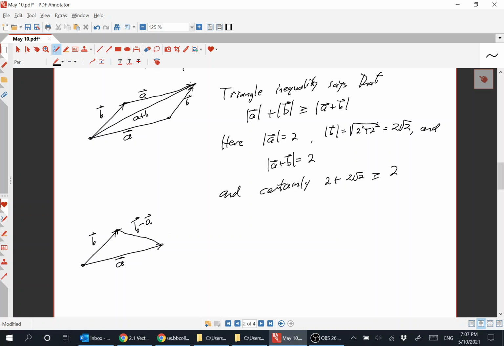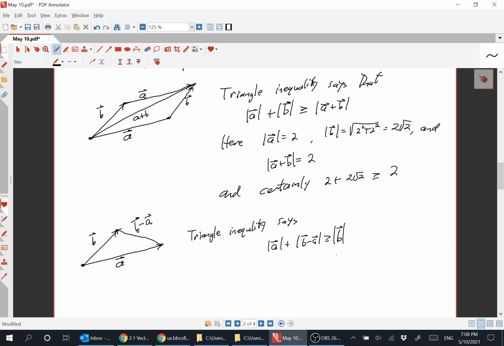So what's the triangle inequality here telling us? Well, it says that the sum of the lengths of any two sides of the triangle is bigger than or equal to the length of the third side. So the triangle inequality says here the length of a plus the length of b minus a should be bigger than or equal to the length of b.